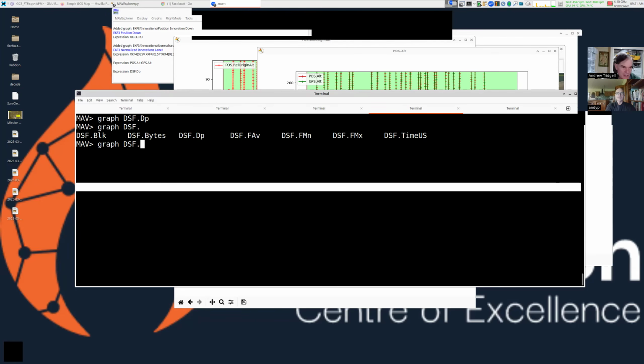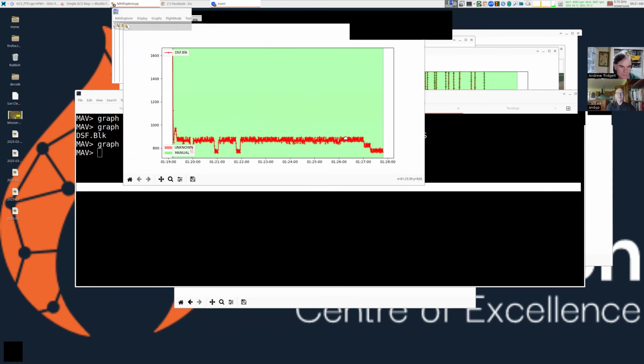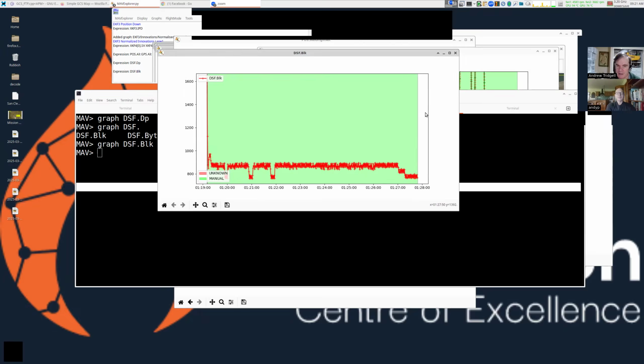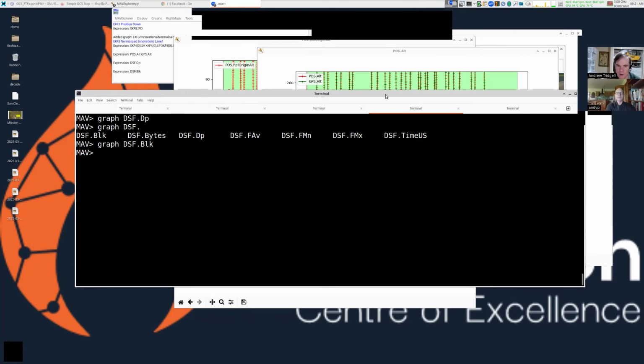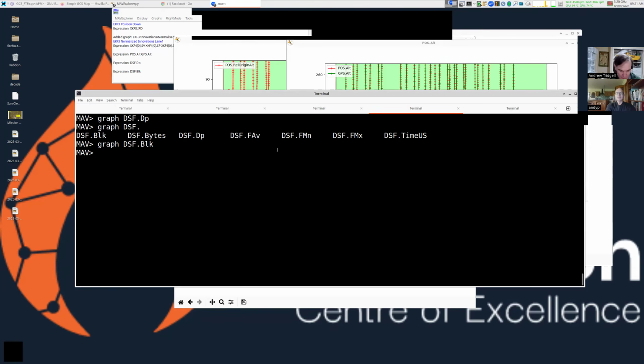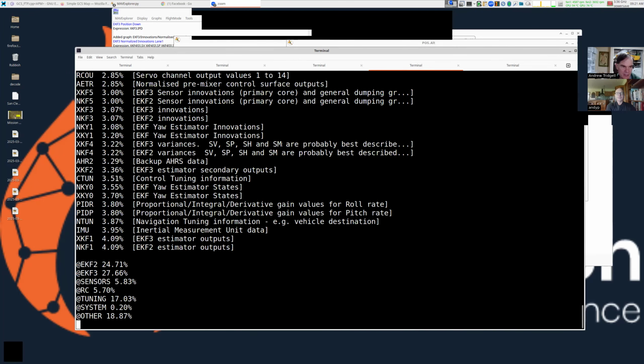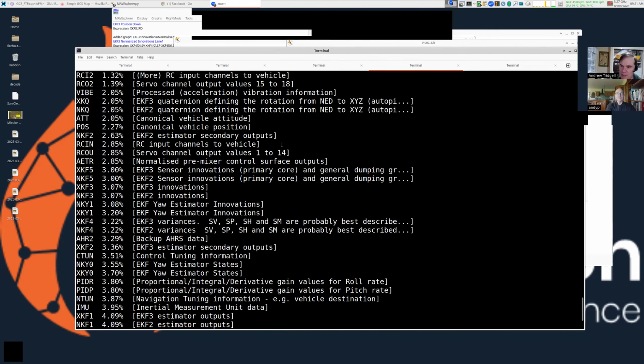If we see how many messages, we can see how many blocks and bytes and things. So how many blocks total, and this is how many blocks per second. So we're doing nearly 900 blocks per second. And he's lost 28 before the start of the flight. If you are getting lost messages, you can also look at the statistics of where those messages are going.